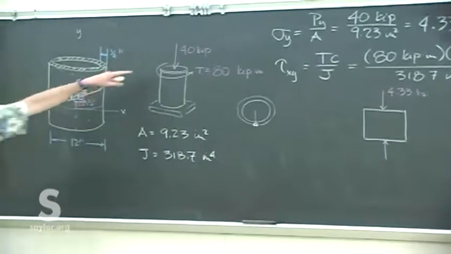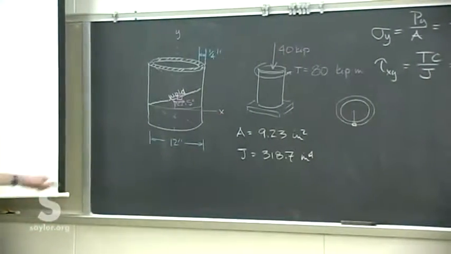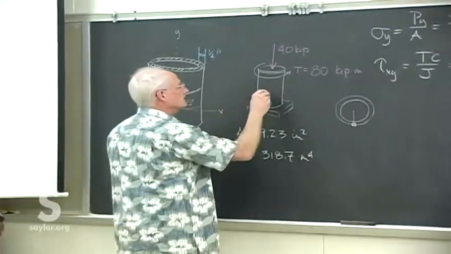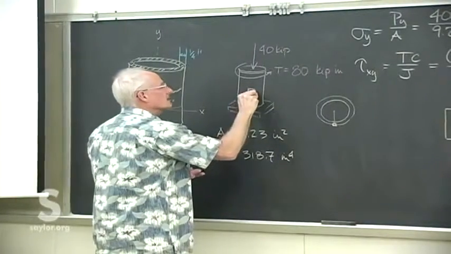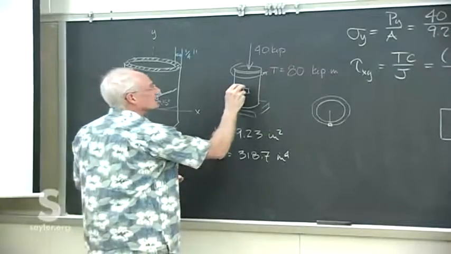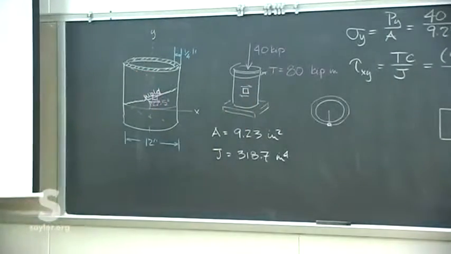That's because the load is in the y direction. And then because of this torsion, the torsion on the piece there is going to try to twist the piece in that direction.